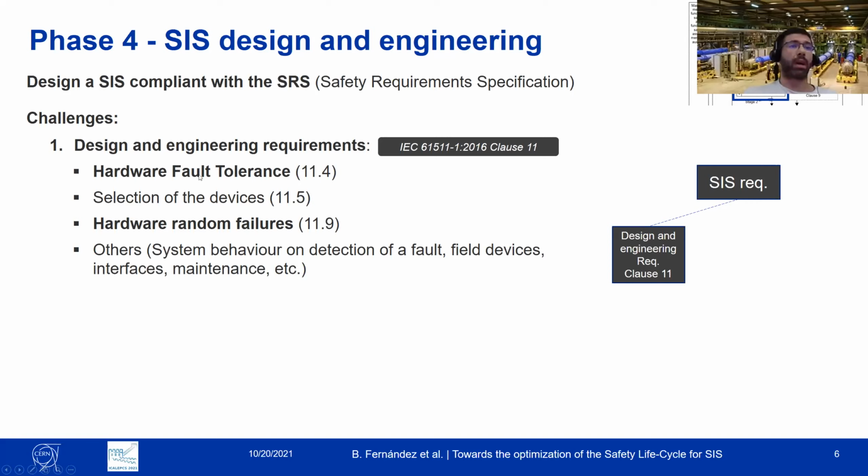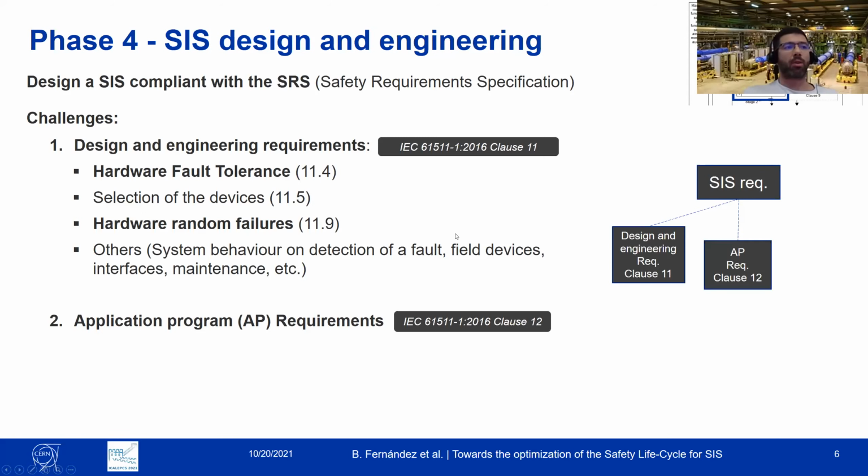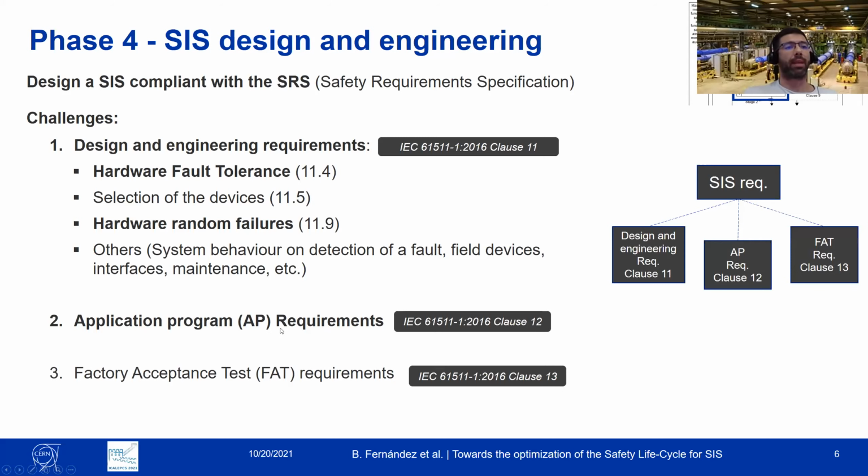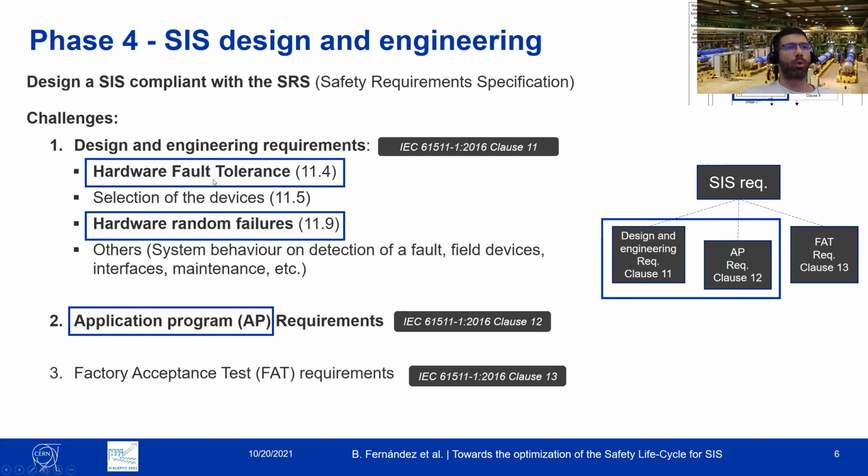For example, the hardware fault tolerance requirements, selection of the devices, hardware random failures. The second bunch of requirements are related to the software, to the application program. And the last part of requirements is about the factory acceptance test. In the next slides, I will talk about these 3 types of requirements.